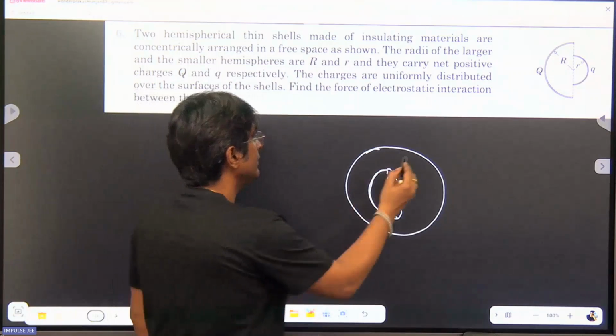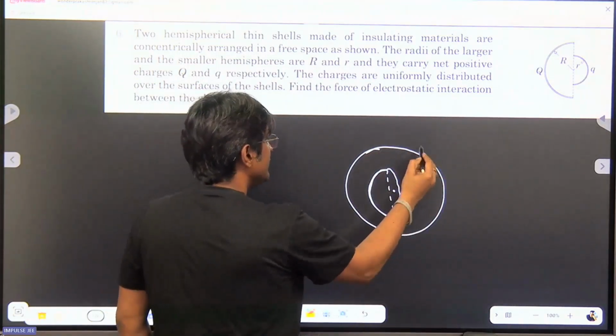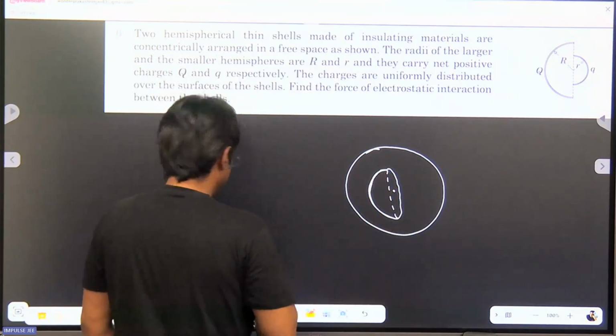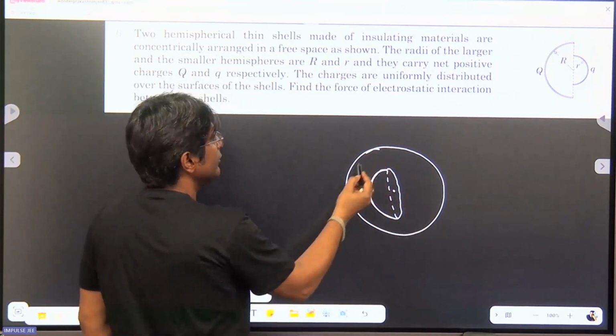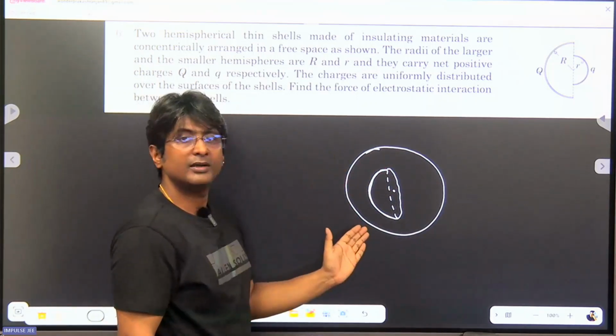What does it mean? Whatever force this portion applies on this hemisphere, the same equal and opposite force will be applied by the opposite portion of this complete sphere.